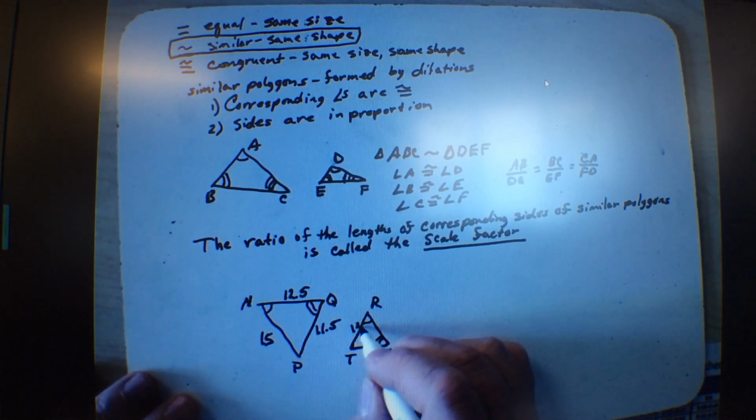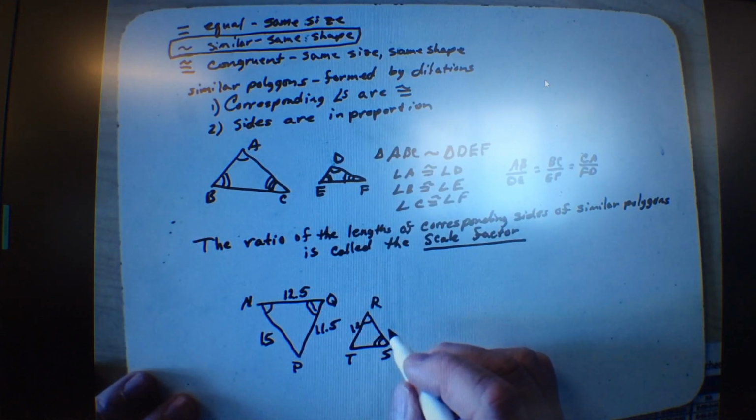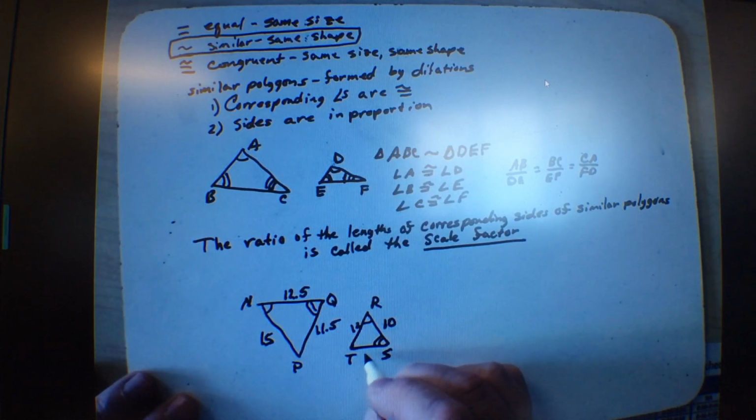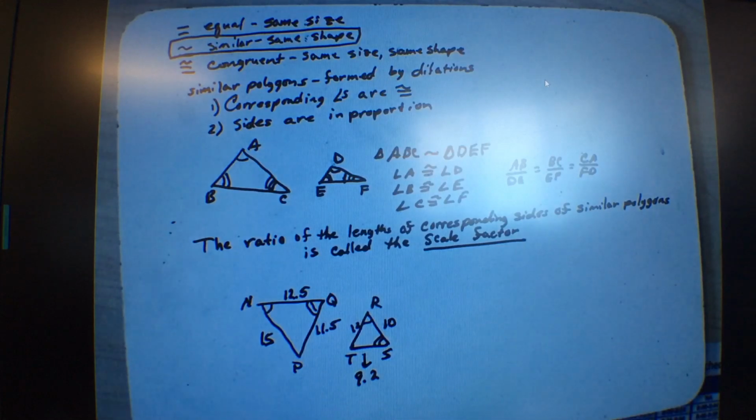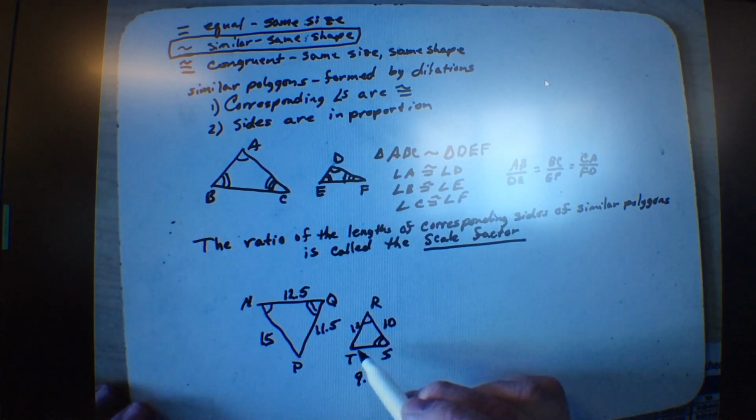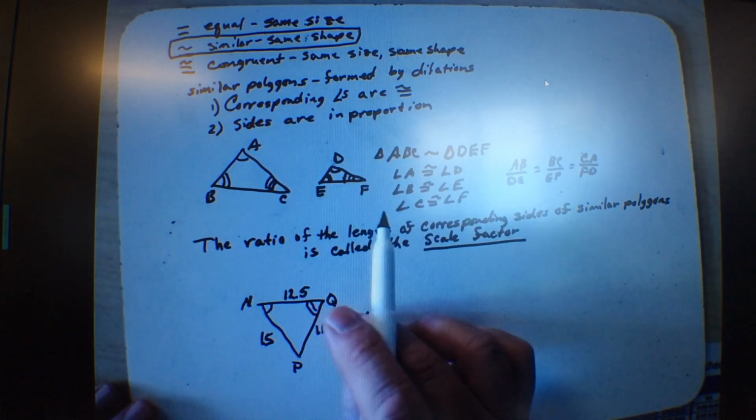This is 12, this is 10, and this is 9.2. TR is 12.